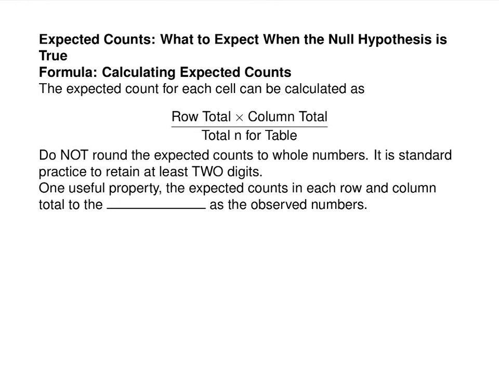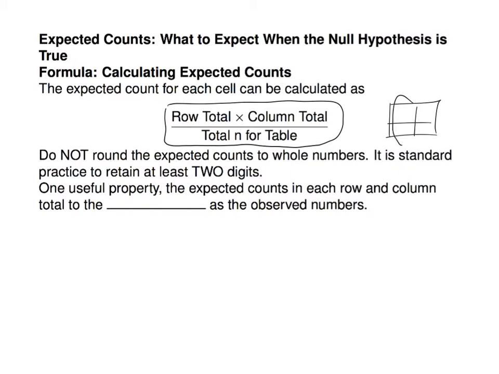Because there were different amounts of men and women, right? So how you find this, there's this formula that I'm afraid I cannot explain at all to you why it's true, okay? I'm so sorry. You take the row total times the column total divided by the total N for the entire table, and that gives you your expected value for a row-column spot. So if you have your table, it has 4 spots, right?